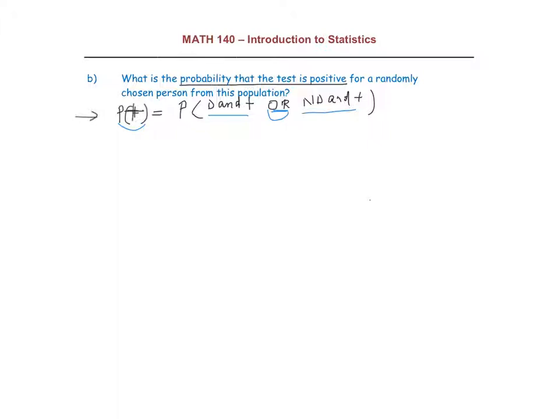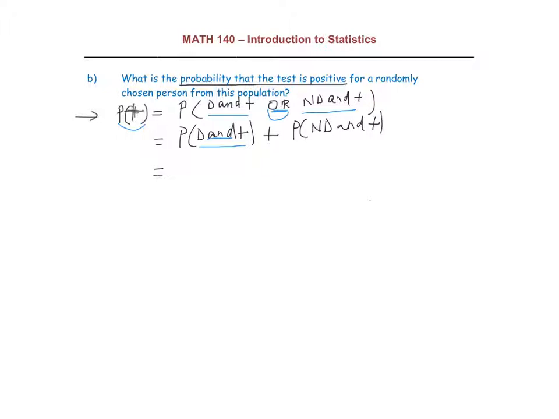So that is equal to probability that someone has the disease and shows positive, or, so we are using the addition rule for disjoint events, probability that someone does not have the disease and shows positive. Now we have to figure out the probability that someone has the disease and shows positive. So the word here is and. So we use the multiplication rule for two events that are not independent of each other.